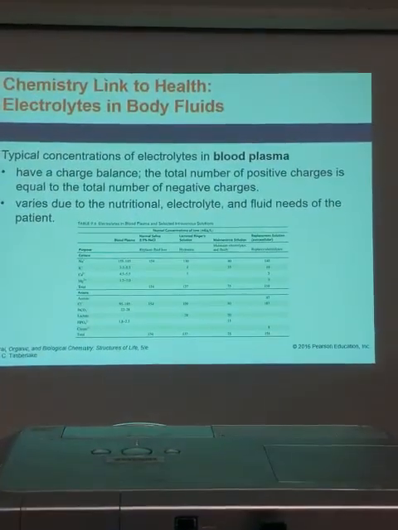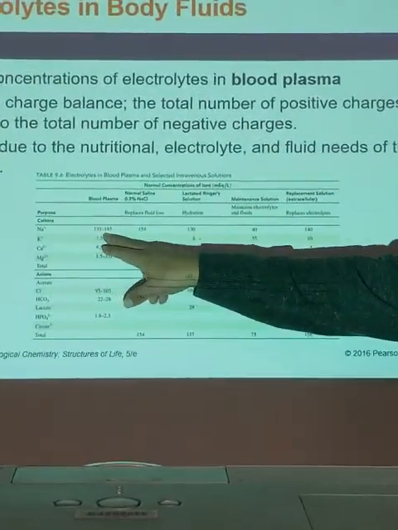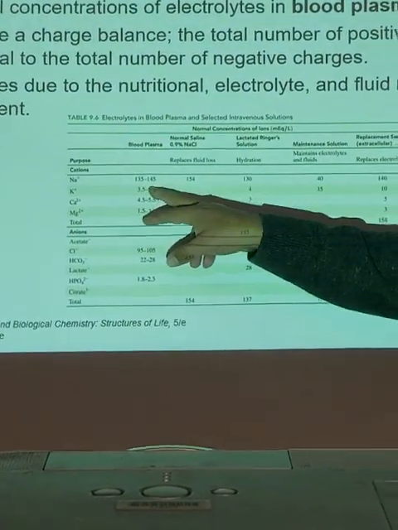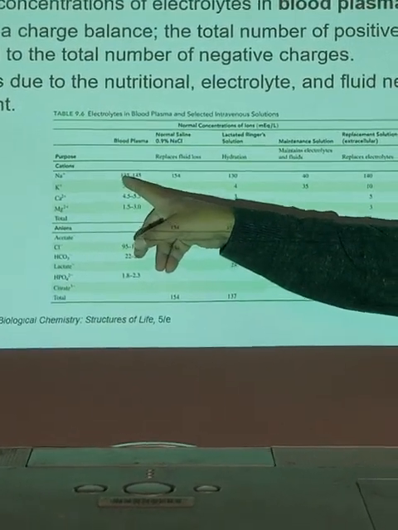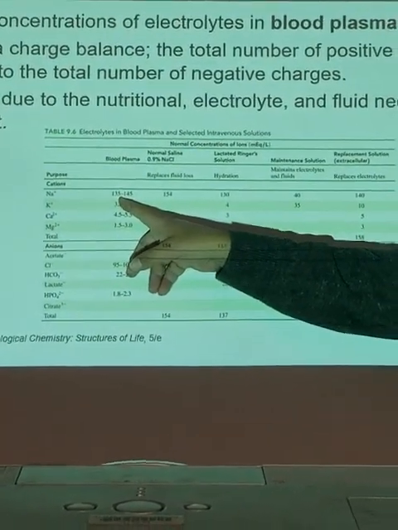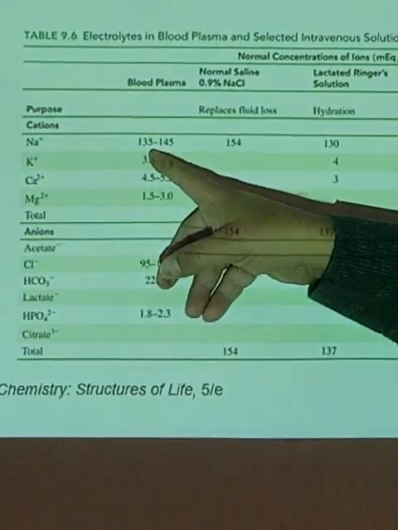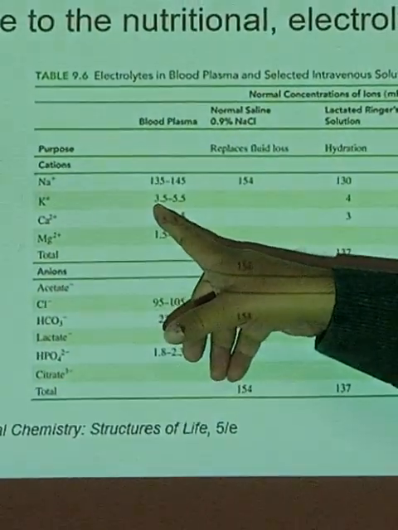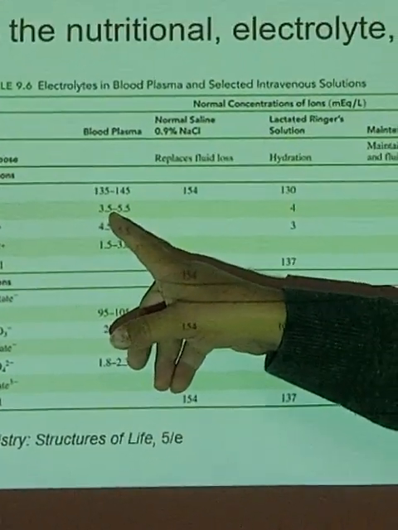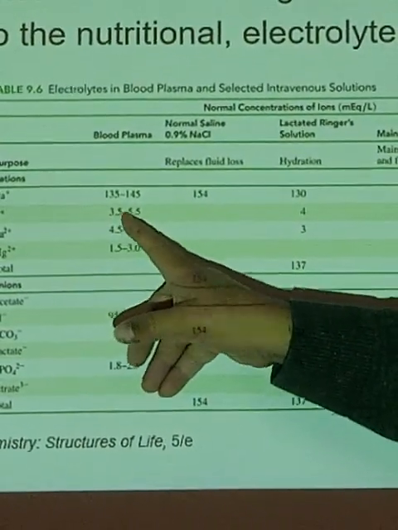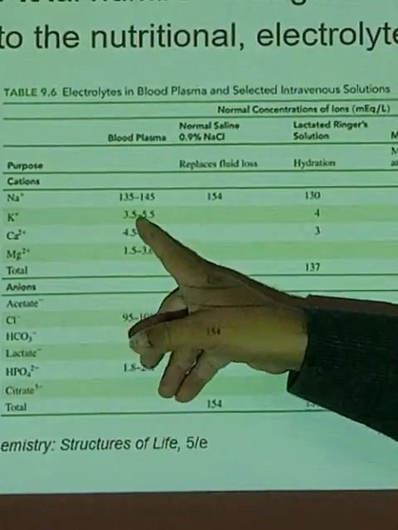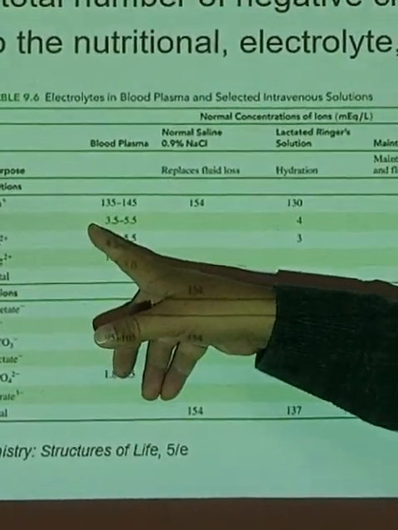So for sodium, normal levels, you're talking 135 to 145. Right. So 1 or 2 outside that range, that's less than a 1% change. But for potassium, 3.5 to 5.5, plus 1 or minus 1, now you're talking 20%, 30% change.